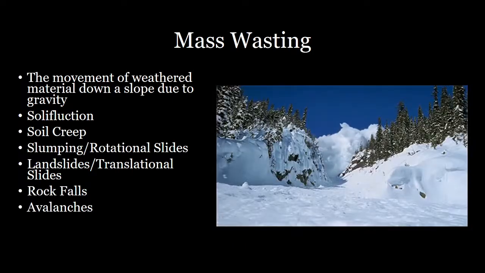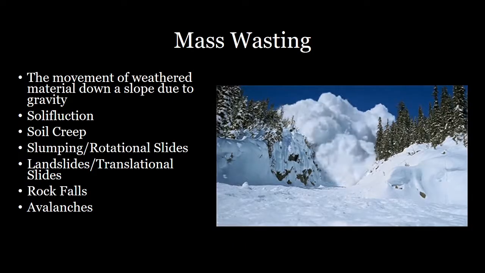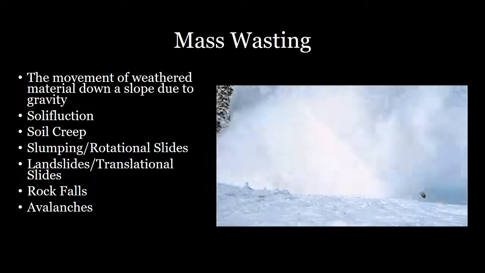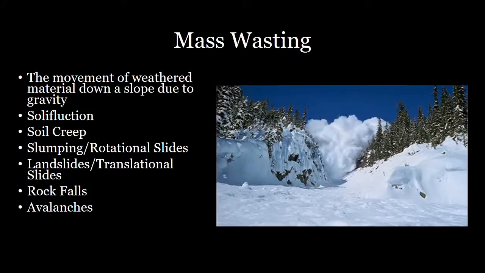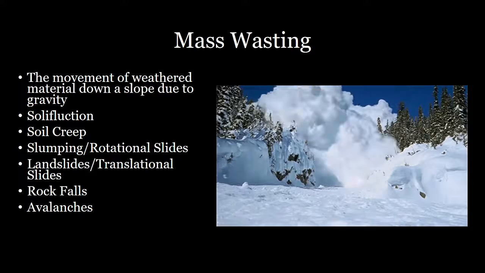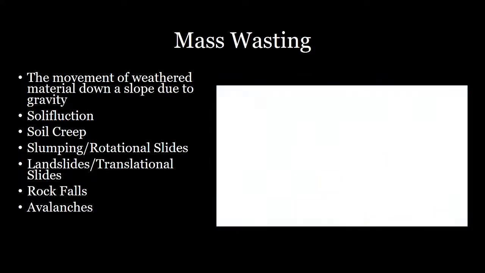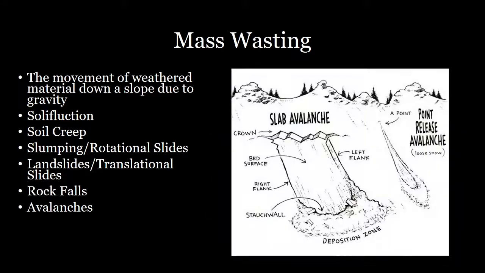Next, another type of mass wasting that's not often thought about are avalanches. So snow and ice is a mineral just like any other. And so when it moves downhill, then it's a mass wasting event just like any other as well. So there's two different types of avalanches.